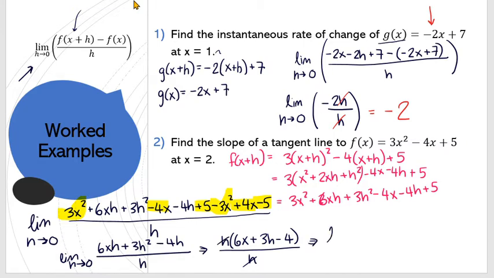So I'm looking at the limit as h approaches 0 of 6x plus 3h minus 4. And we've only got one h. If we make it 0, it's 6x plus 3 times 0 minus 4. So our answer, our slope of our tangent line, is going to be 6x minus 4.